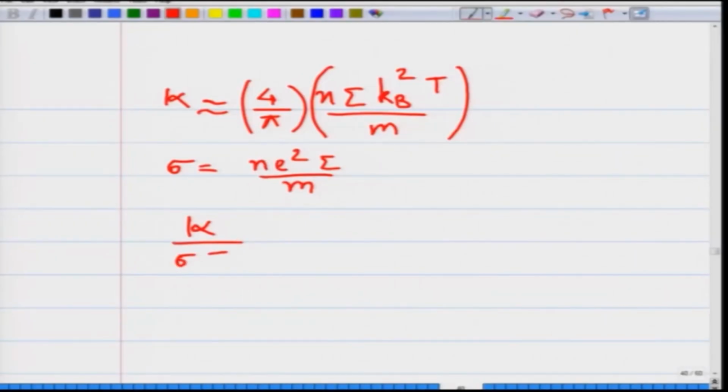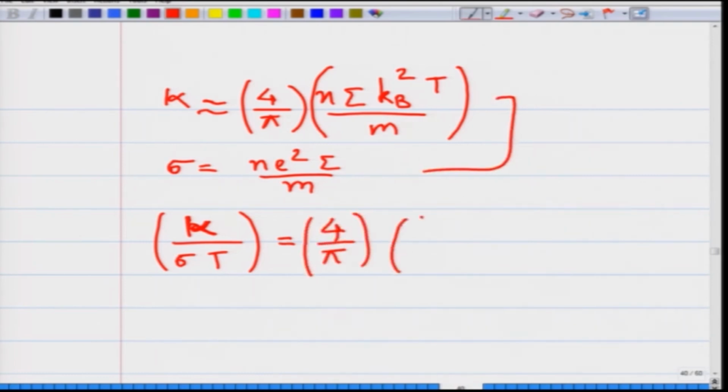So, if we find out kappa divided by sigma times T, then this turns out to be a constant from these two above expressions, 4 by pi kB by e the whole square, and these are nothing else but complete constants.